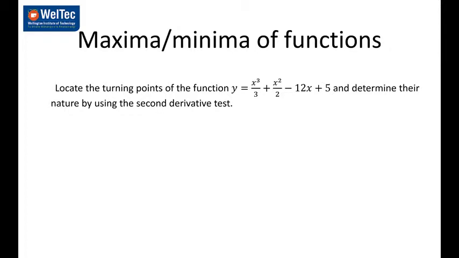To locate the turning points, first we find the derivative. The derivative of this is x squared plus x minus 12, and that's got to equal 0 for a max or min.